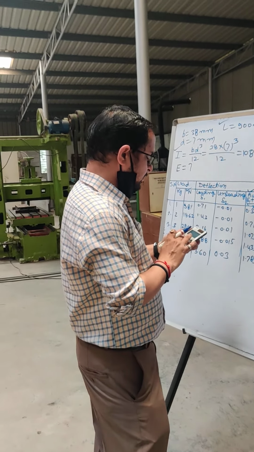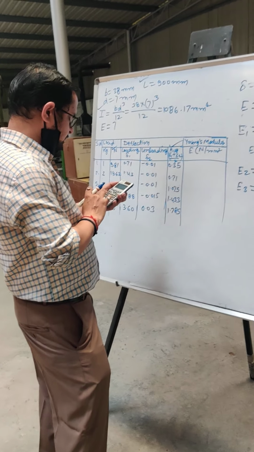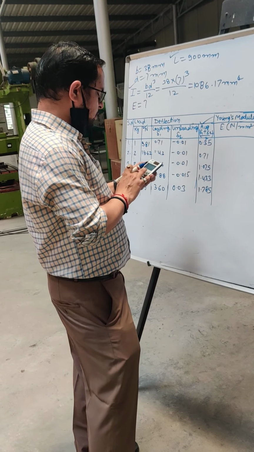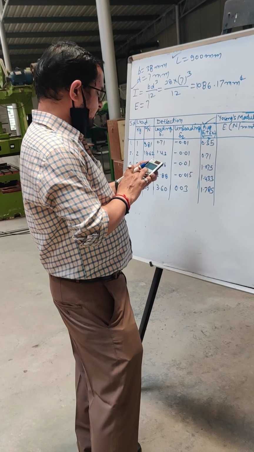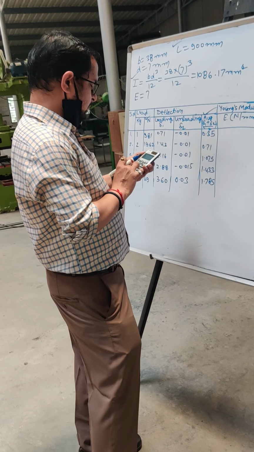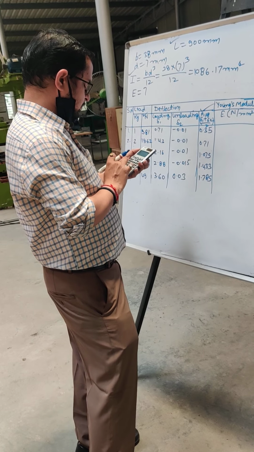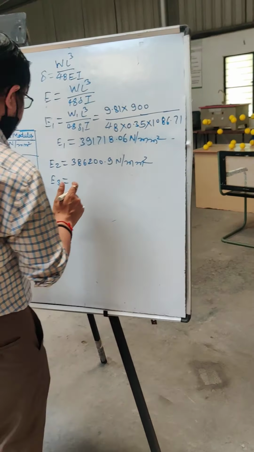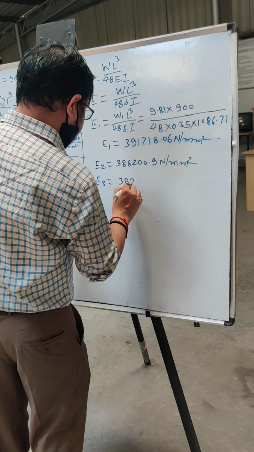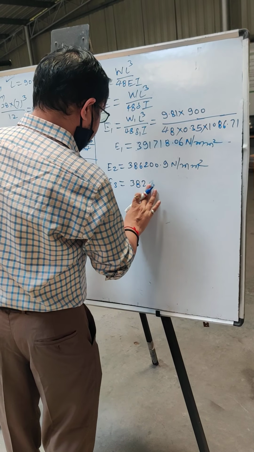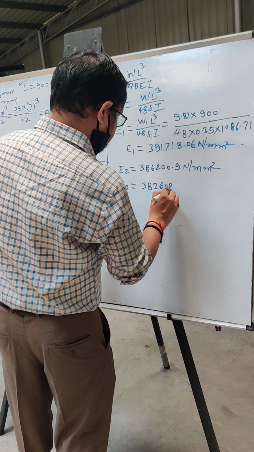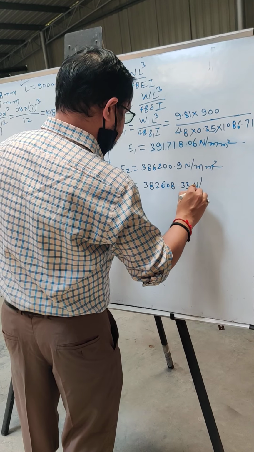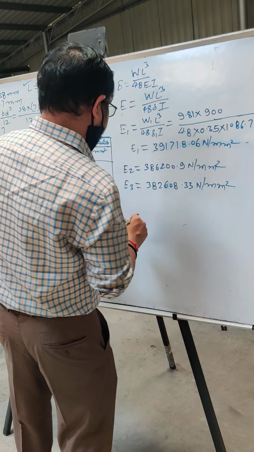E3: del is 1.075 and W3 is 29.43. So that is 382,608.33. This is another value.